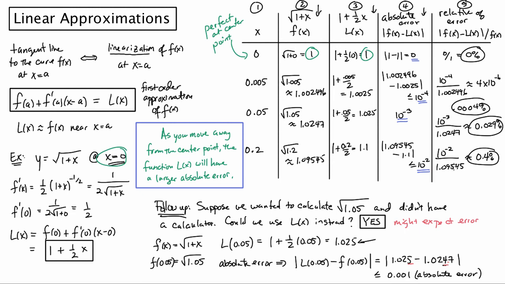So the relative error there of 0.4% is getting up to where we might not want to consider using that. There's a big enough error there that we might want to try something else.